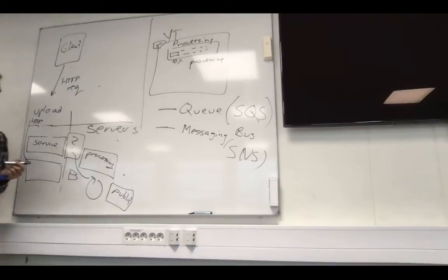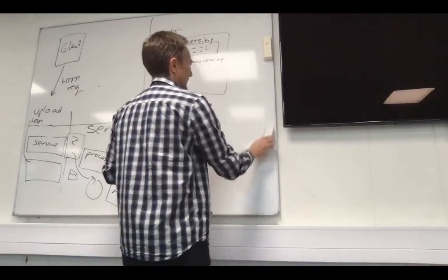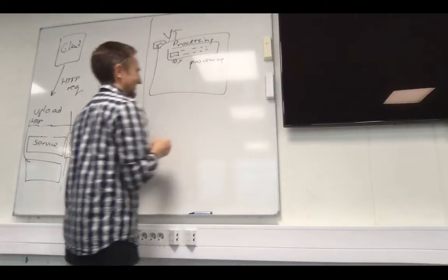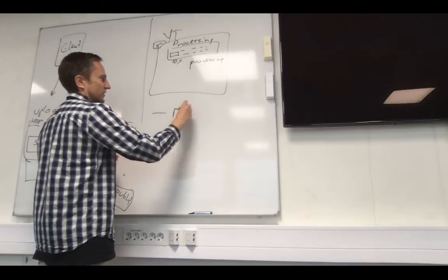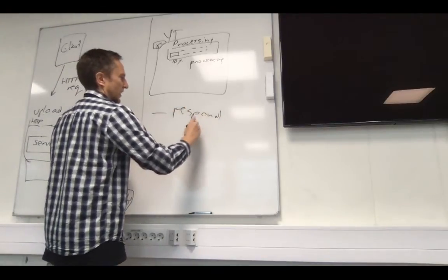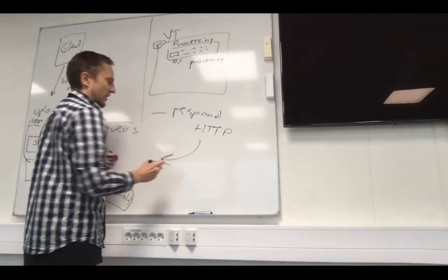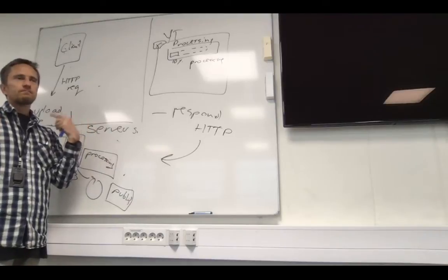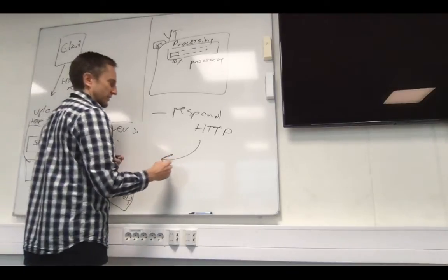So as you remember in assignment 2, you have two things to do, among other things. One thing is you have to respond to HTTP requests and give the user the current exchange rate of a currency, right?